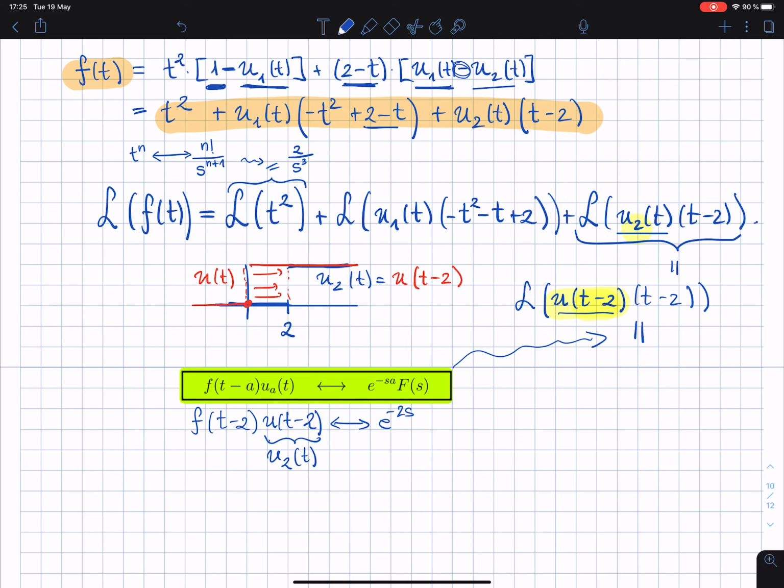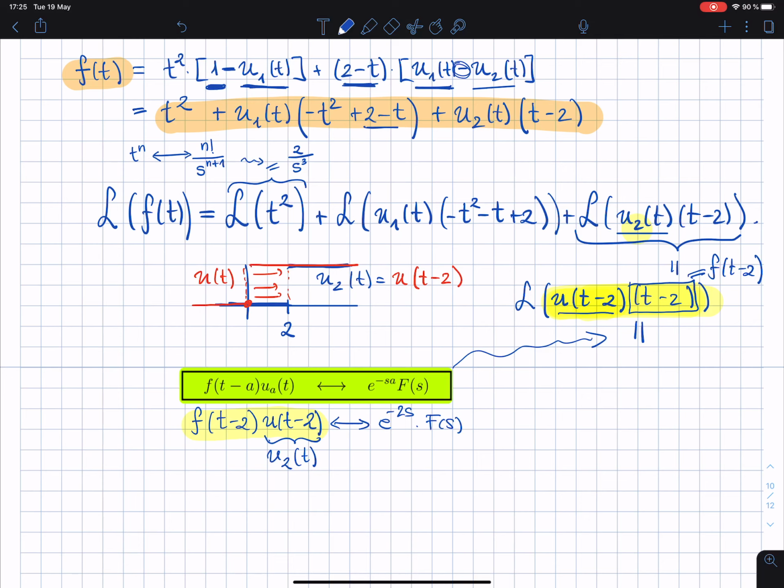Then I get e to the minus 2s times F of s. Now, that's exactly what I have here. You can see that this function here is exactly what I have here. But here, t minus 2 corresponds to f of t minus 2.